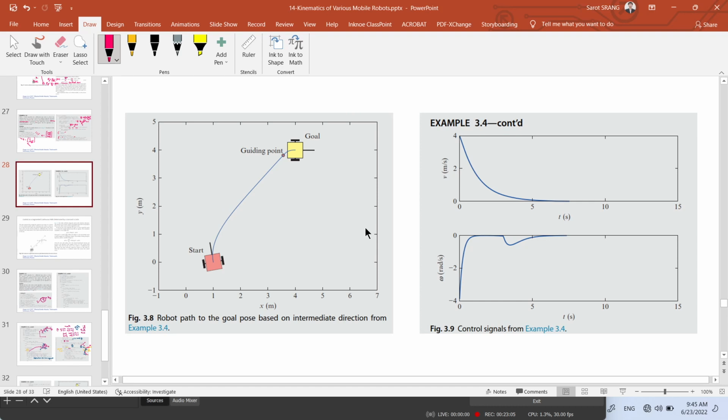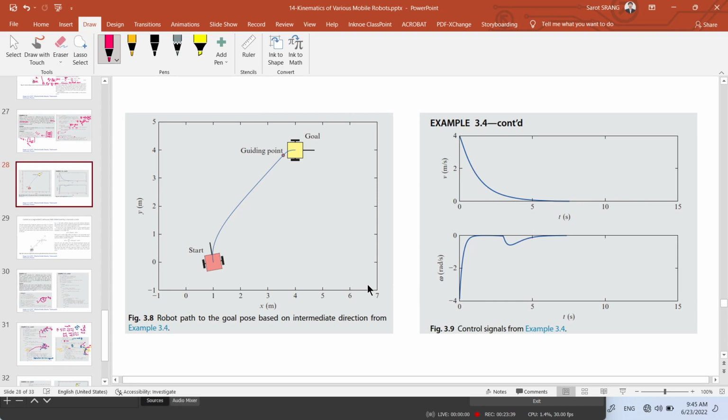And here we can see that the motion around here is almost like a line. So the velocity, first it must move very fast, but the closer to the goal, the velocity falls.